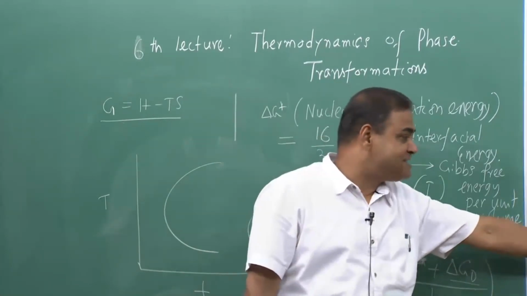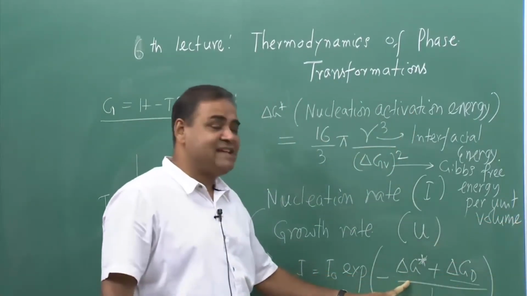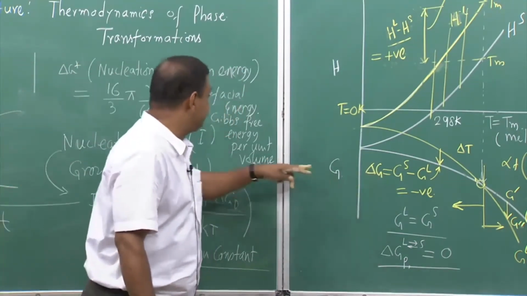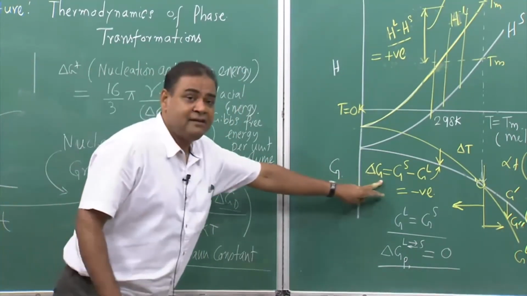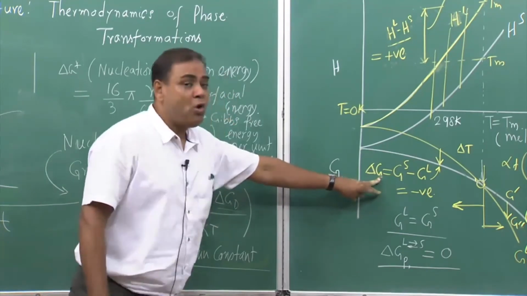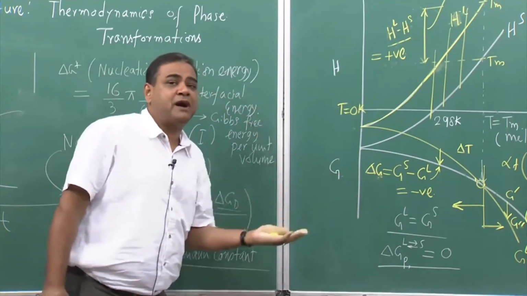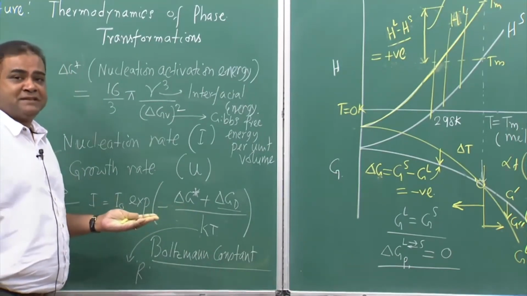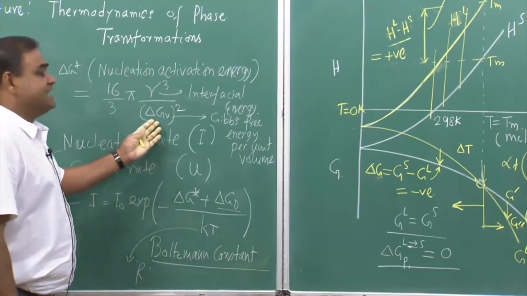So, that means in order to find out ΔG*, we need to find out the value of ΔG, and if it is given per mole, we just divide it by the molar volume of that particular substance and we get ΔG_V.